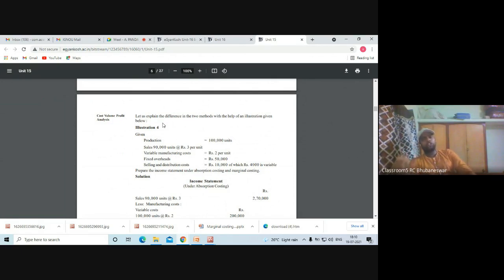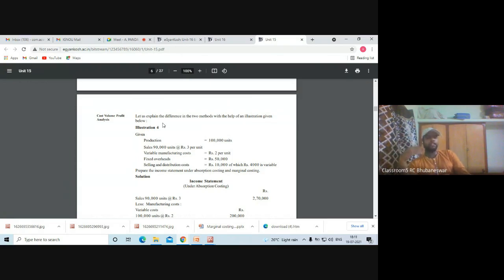Okay, production 1 lakh units, sales is 90,000 units at the rate of rupees 3 per unit. Okay, so production is 1 lakh, sales is 90,000. That means it is showing that out of the entire production, total is not sold.